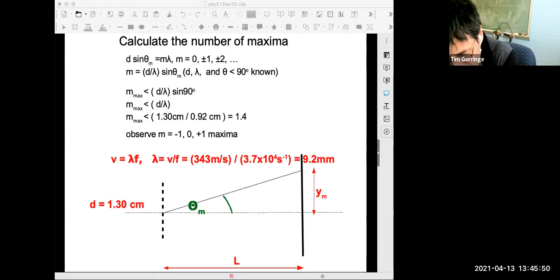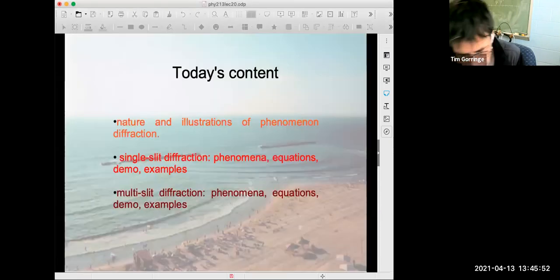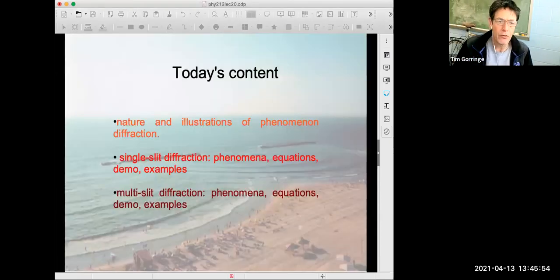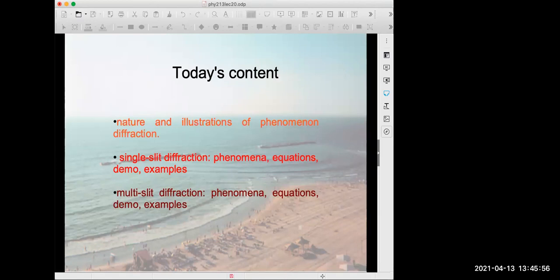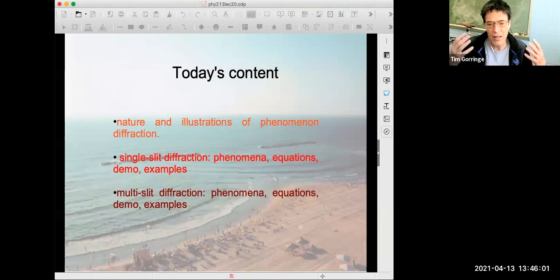Okay, well, let me end there. Class, let me just summarize what we talked about. We talked first of all about just the nature of diffraction. It's a wave property of waves. It occurs for sound waves, water waves, light waves. And then we talked about the two specific examples of slits: single slit diffraction patterns and diffraction grating, or multi-slit, diffraction patterns.